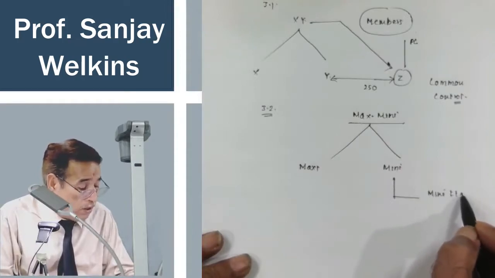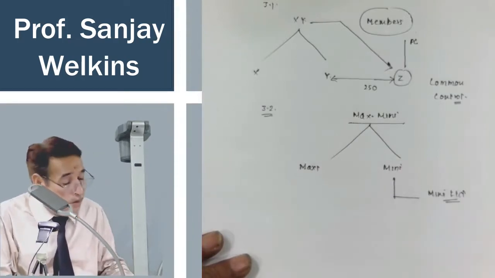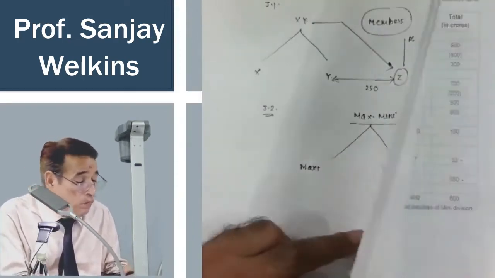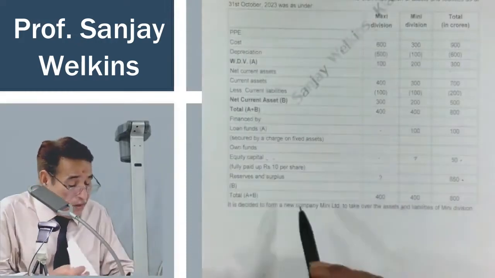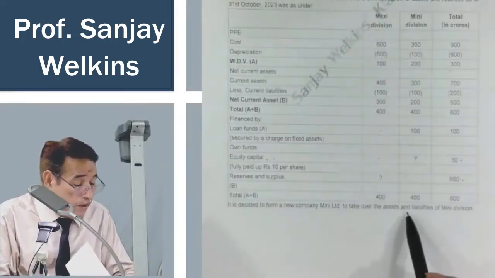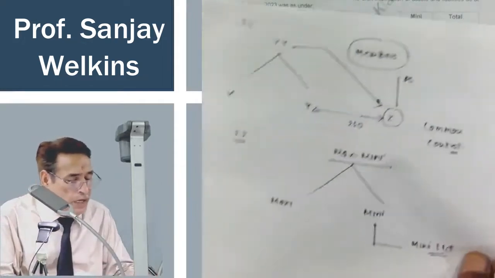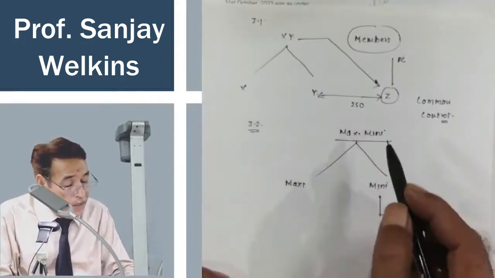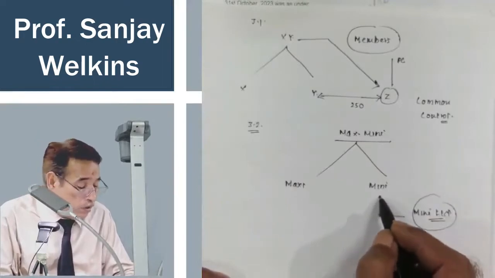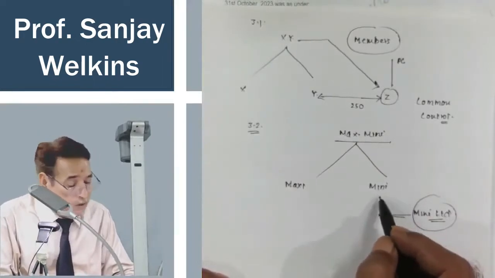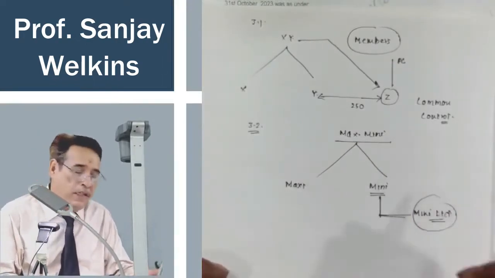To Mini Limited, so don't get confused. This division is sold to Mini Limited. It is decided to form a new company, Mini Limited, to take over assets and liabilities. In fact, Maxi Mini Limited has formed a new company to take over assets and liabilities of this division. So the point is saved.